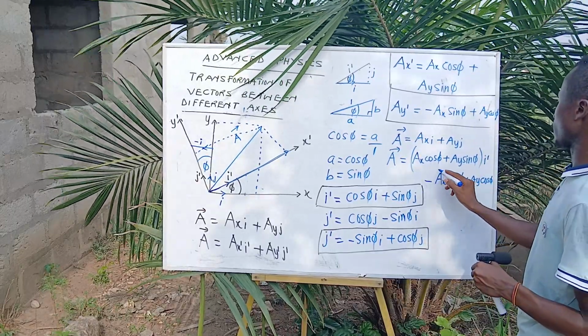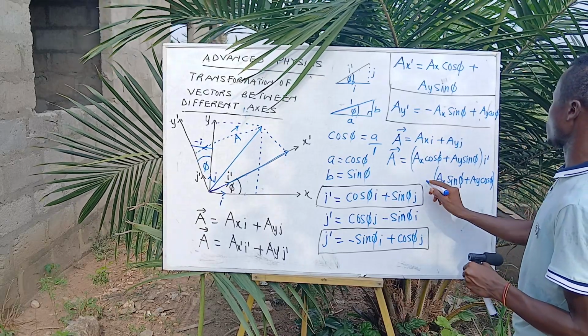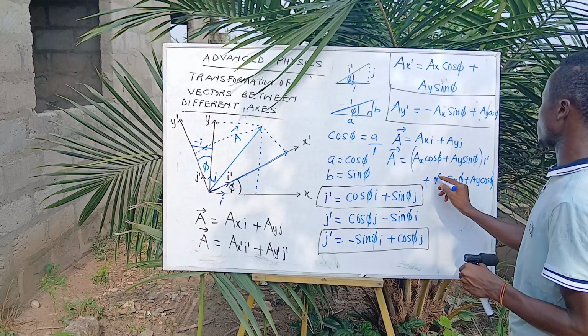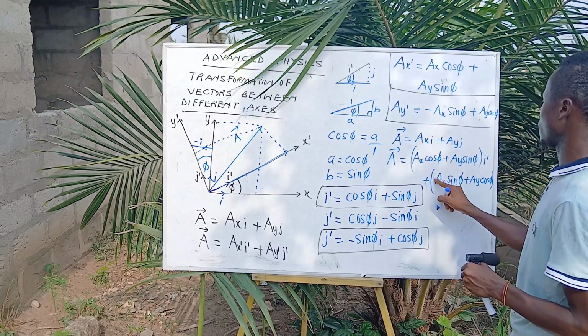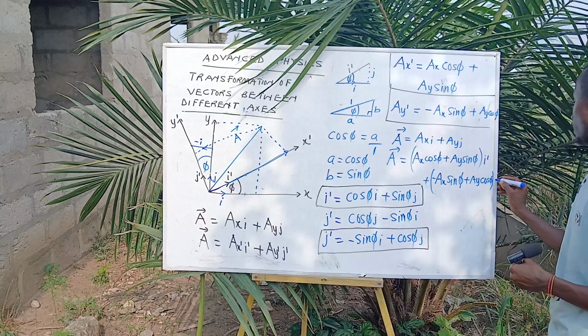In which direction? So this is plus, but this is negative. So plus negative ax sine phi plus ay cos phi, in the direction j prime.